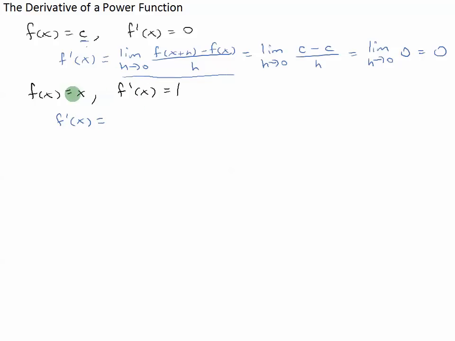f of x plus h for this function is x plus h, minus f of x is x, all over h, and we can see that the x's cancel out, leaving h on top, and then h divided by h is 1. And I apologize, I forgot my limit.